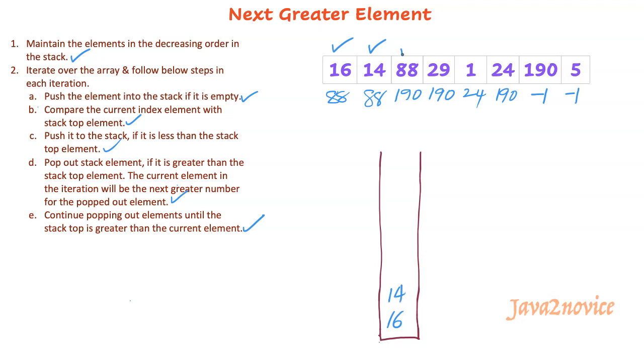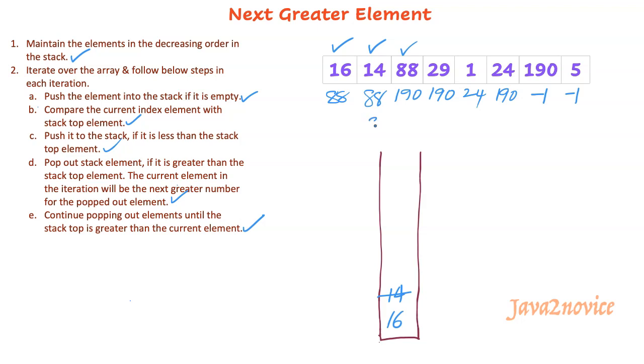The next element is 88. 88 is greater than 14. We cannot push it to the stack as we need to maintain the stack in decreasing order only. Pop out an element. 14 is popped out. 88 is the next greater element for the popped out element. So 88 is the next greater number for 14.